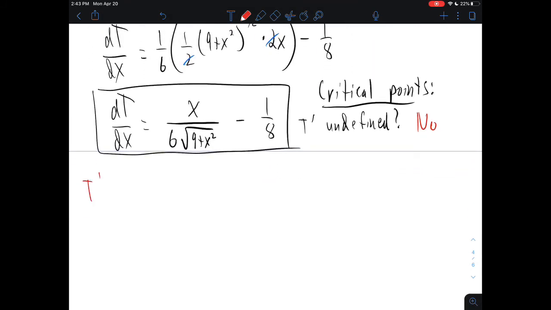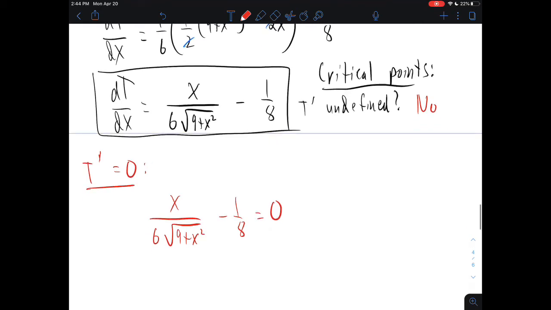So T prime equal to 0 happens when x over 6 times the square root of 9 plus x squared minus 1/8 is equal to 0. And don't be too hasty with this. You can't just say x is equal to 0, because I've got this constant of negative 1/8. So I actually have to simplify this and try to solve it like an algebraic equation.